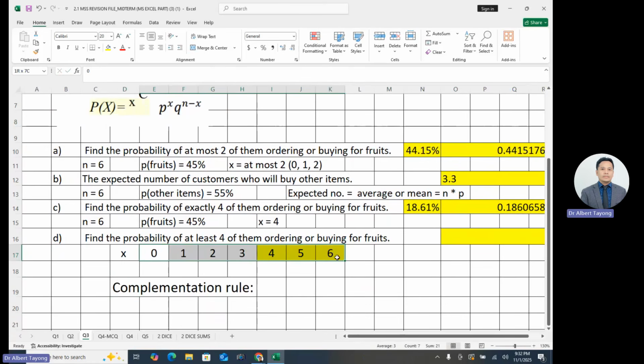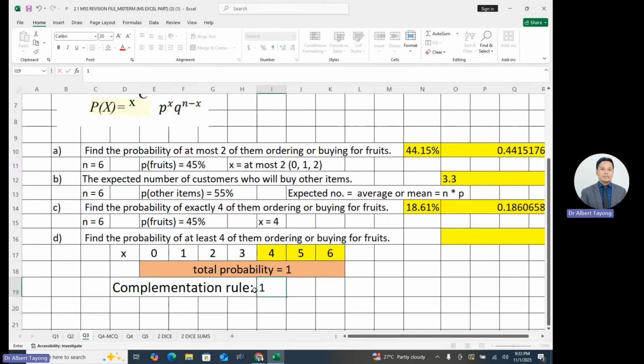Now, the total probability here from 0 to 6 is equal to 1. So I'm going to write here total probability equals 1. It's always like that. In any situation, the total probability is equal to 1. Now, if the total is 1 from 0 to 6, it means this 4, 5, and 6 is 1 minus the probability of 0, 1, 2, and 3.